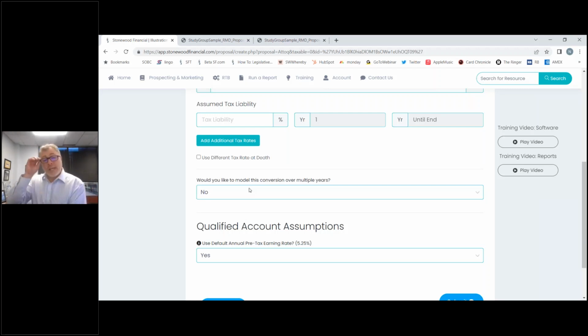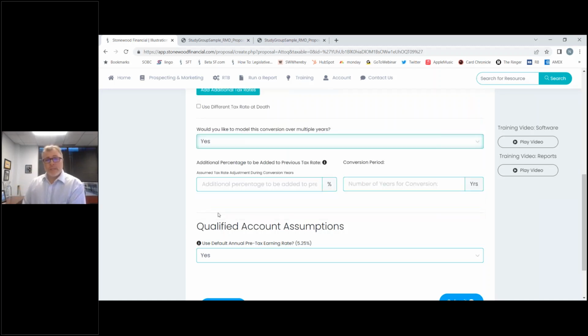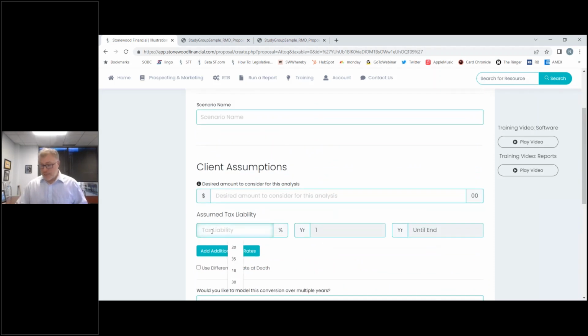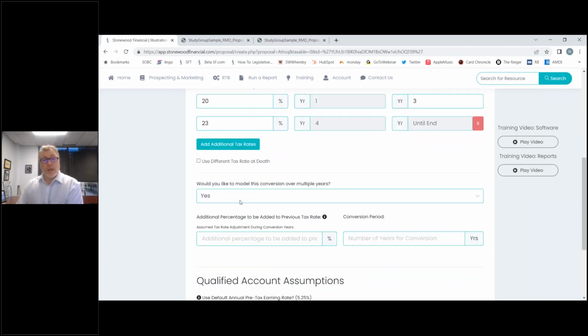But if you would like to account for the fact that we're going to convert some assets, you just hit yes there. And then it's just going to ask you 2 questions. What additional tax percentage do you want added? So originally I had gone with a 20% tax liability, it was changing in year 3, and then I went to 23, and those were my normal tax rates. Now I'm going to say, yes, I want to model conversion over 5 years.